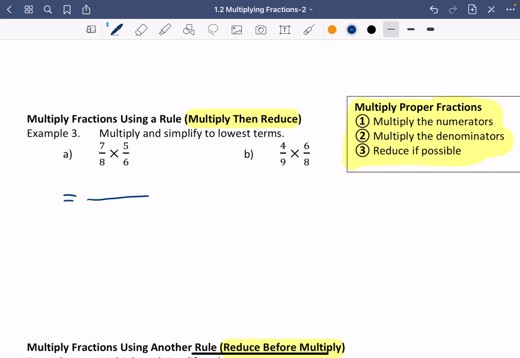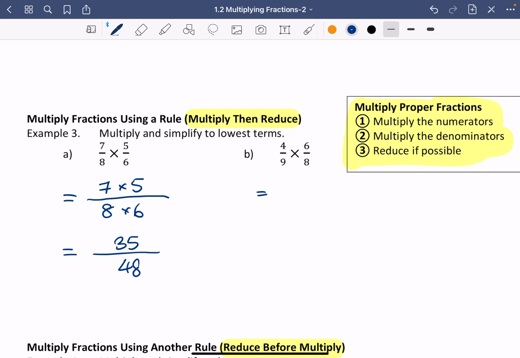Just like what we did with the previous example with the diagram, we'll do 7 times 5 and then 8 times 6. So that's equal to 35 over 48.